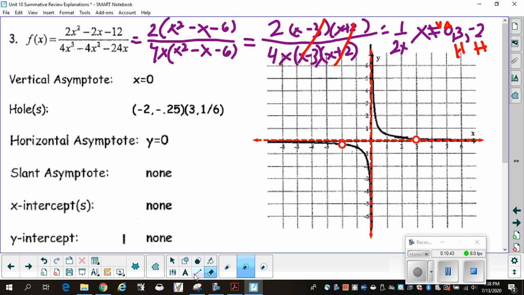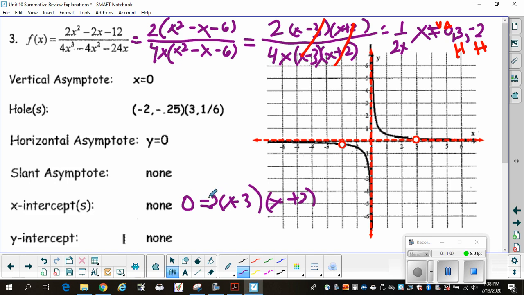My x-intercepts, if I go back here, that means that y is equal to 0. So I set 0 equal to x minus 3 and x plus 2. I also have the 2 here.